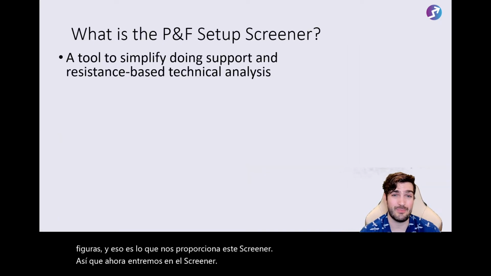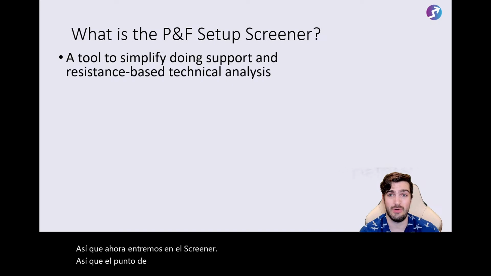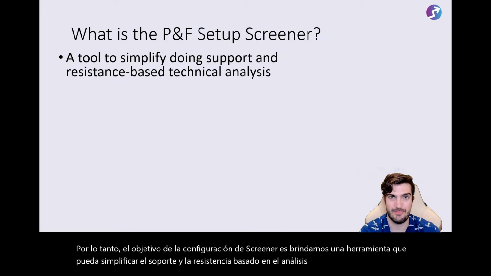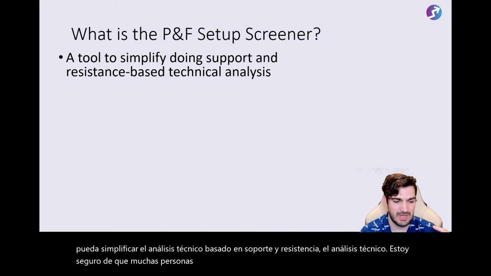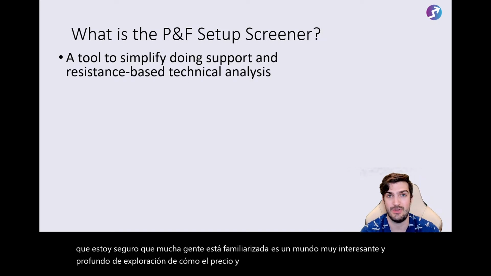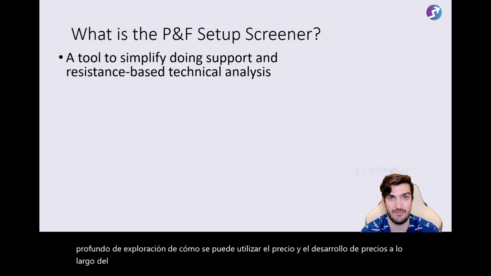So the point of the setup screener is to give us a tool that can simplify support and resistance-based technical analysis. Technical analysis, I'm sure many people are familiar with, is a very interesting and deep world of exploring how price and price development over time can be used to create trading strategies.